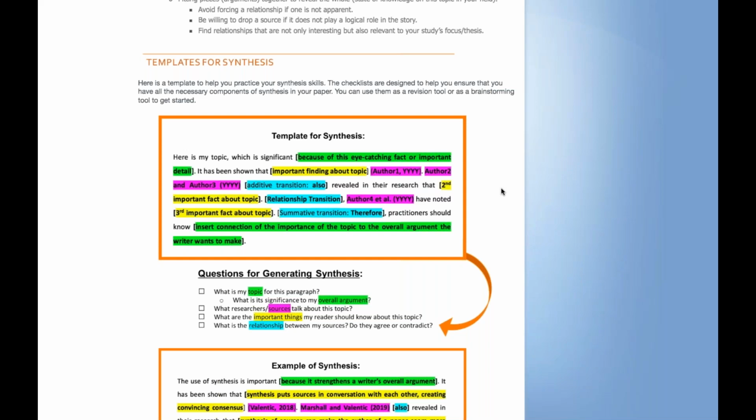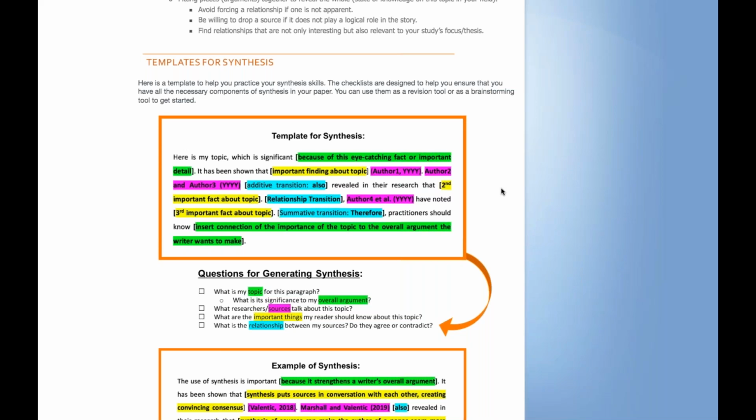Here is my topic, which is significant because of this eye-catching fact or important detail. It has been shown that this important finding about my topic, followed by my parenthetical citation. Author 2 and author 3 also revealed in their research this second important fact about the topic.